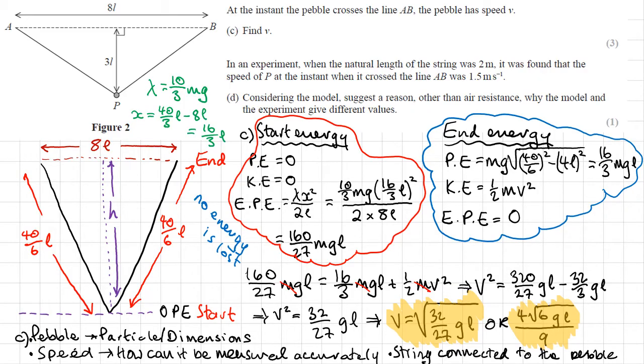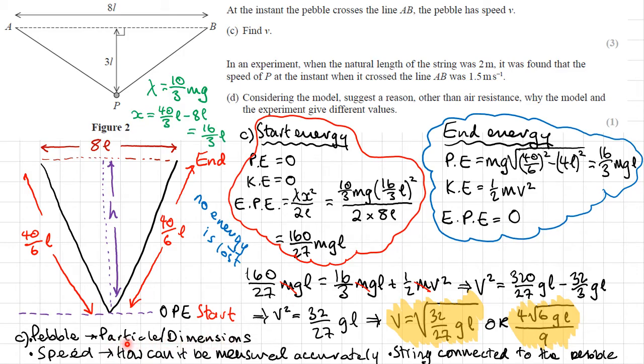Okay, I've put a summary of a few things here which I'll try and explain. So the pebble was modelled as a particle. Well, we might want to consider the dimensions of the pebble. Is it perfectly rounded? Has it got uniform mass? Things like that. Is it small enough for us to model as a particle?